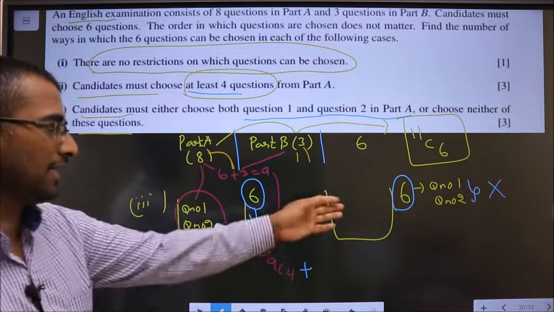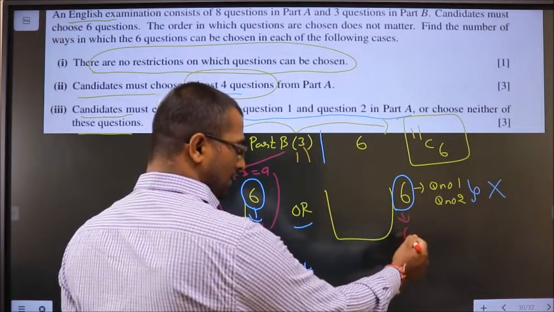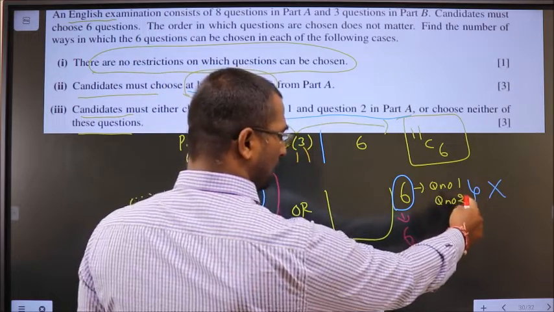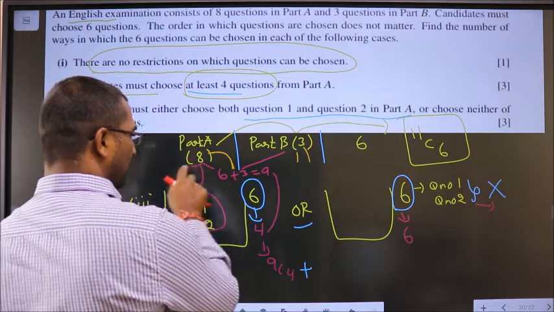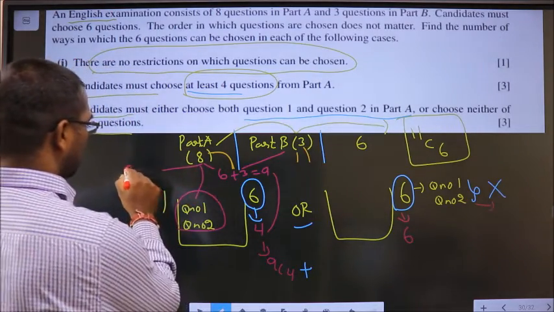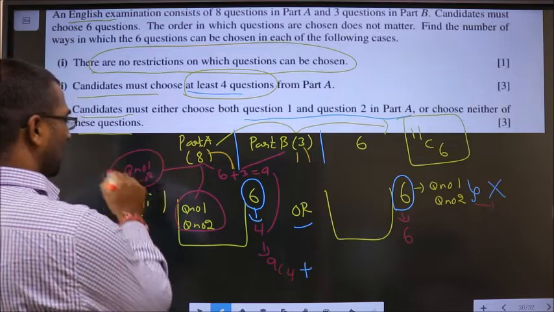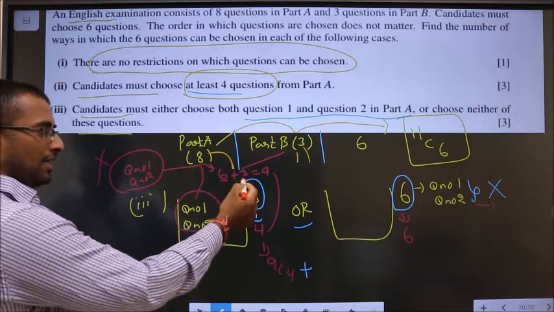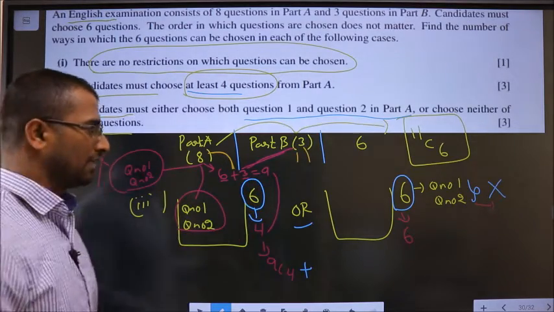Okay, now come here. He needs to select 6 questions. From how many questions? These 2 he should not select. That means from part A, remove question number 1 and question number 2. After removing them, 6 are left in part A and part B has 3. So the total is 9.